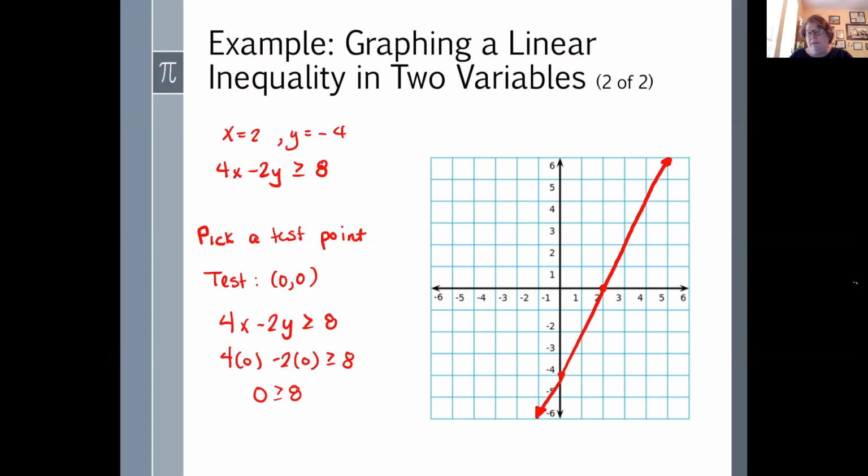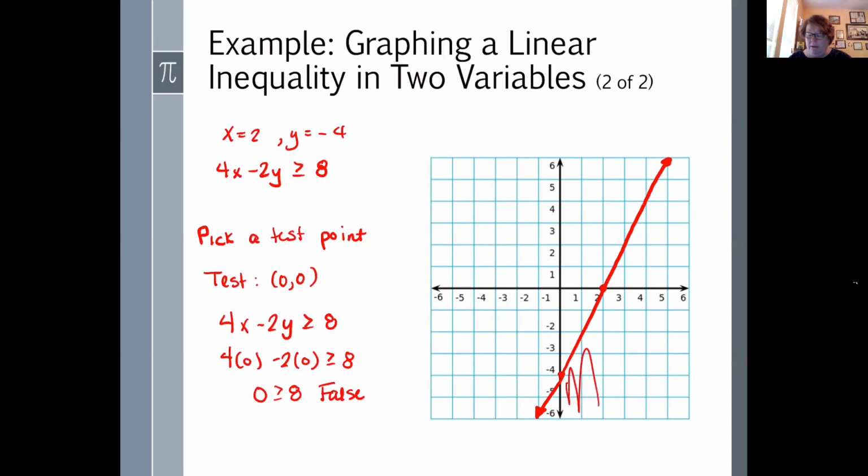That is a false statement. 0 is not greater than or equal to 8. So this is false. So I'm not going to shade the half plane that contains that point. I'm going to shade the half plane that does not contain that point.